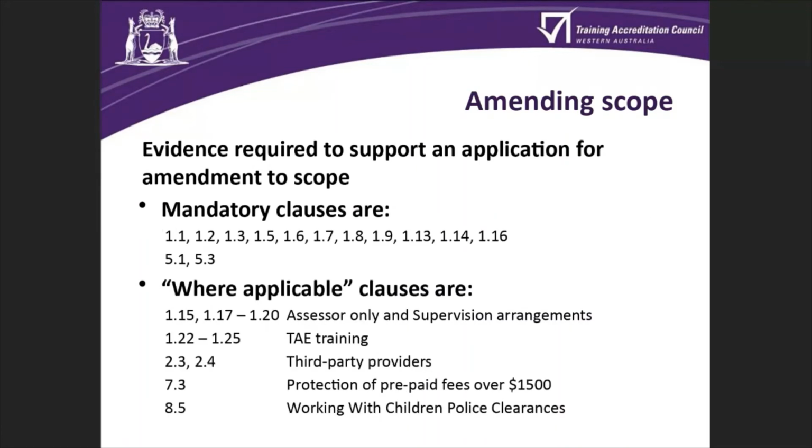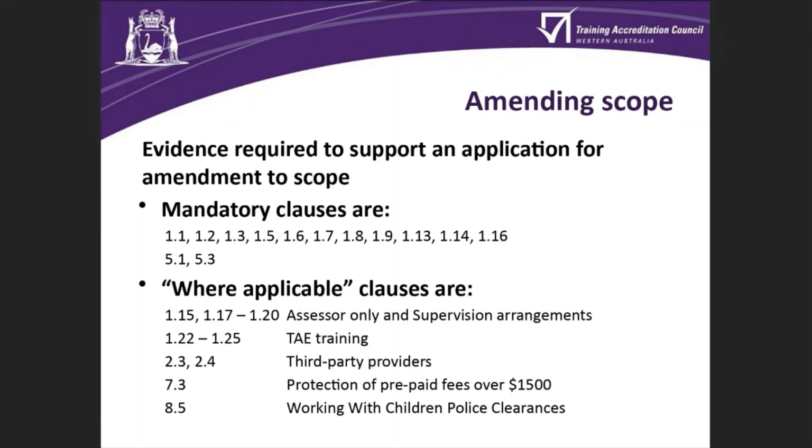And so we have a set of mandatory clauses, and these are parts of primarily Standard 1 and some parts of Standard 5. So within Standard 1, you clearly, for the new training product, need to have a training and assessment strategy. You need to have indications of the amount of training involved for the cohort of students.